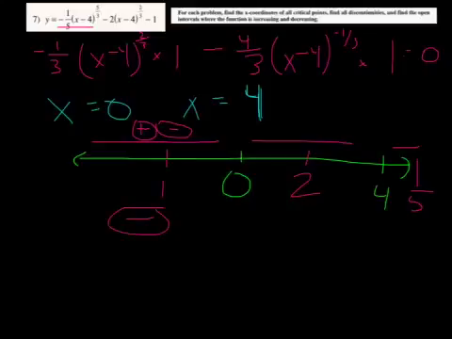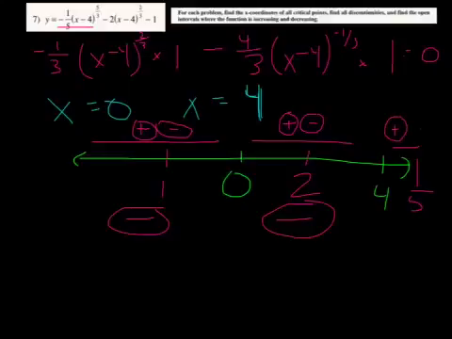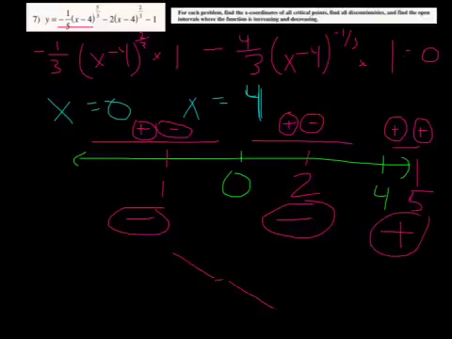And then for 2, if I plug it in, it'll be a positive first, and then it'll be another negative, which will mean it's another negative. Then for 5, the first one will be a positive again, and then the second one will be a positive. So it would look like down, negative, and then go back up.